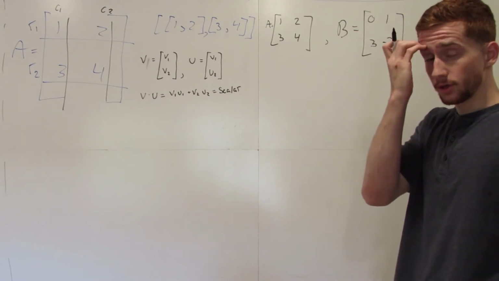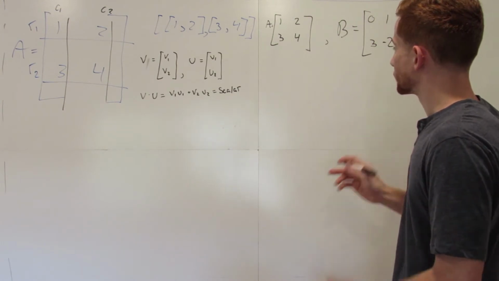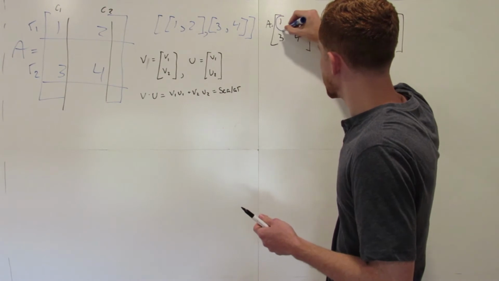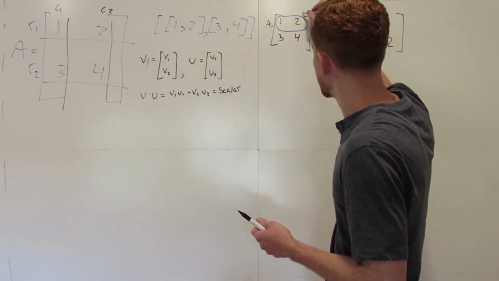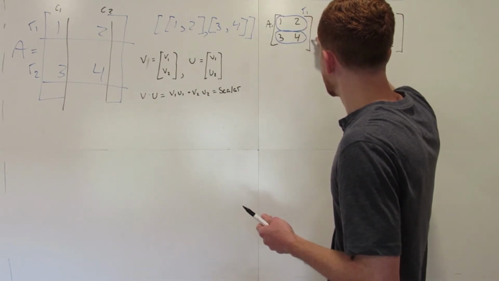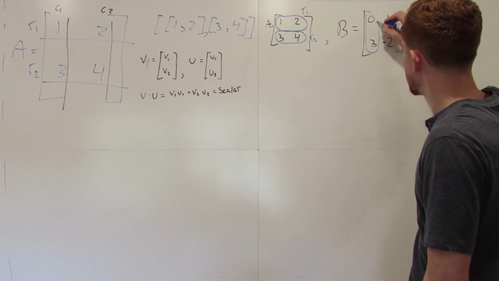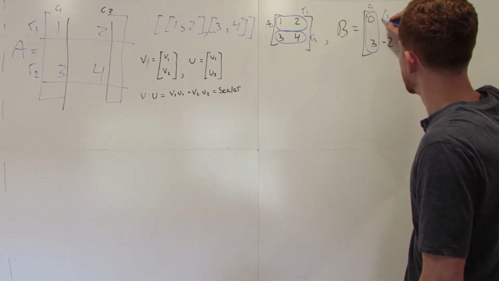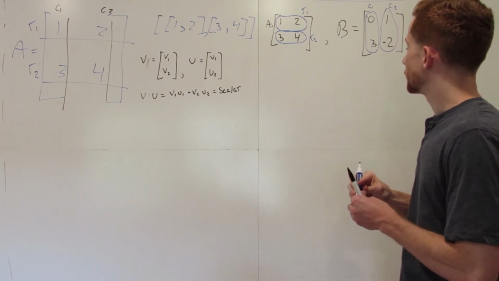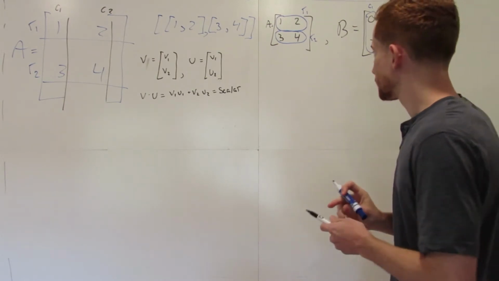Okay, so the way that matrix multiplication works is, actually let's group these up by rows and columns. So this is the first row, R1, this is the second row, R2, and then we're going to group the columns of B, C1, C2. So to do matrix multiplication, we actually use the vector dot product.